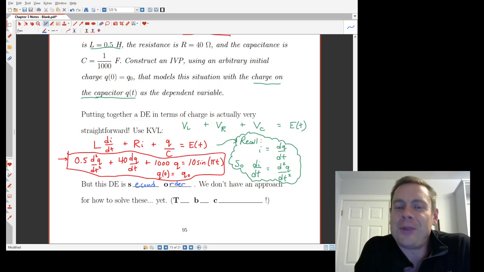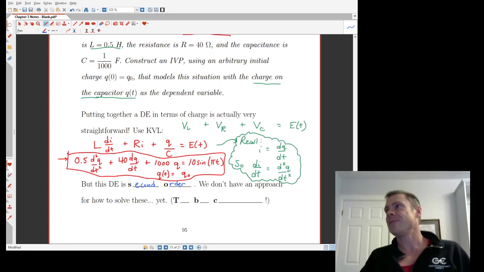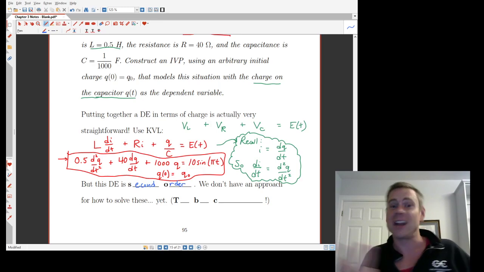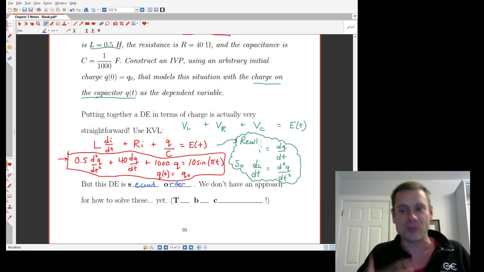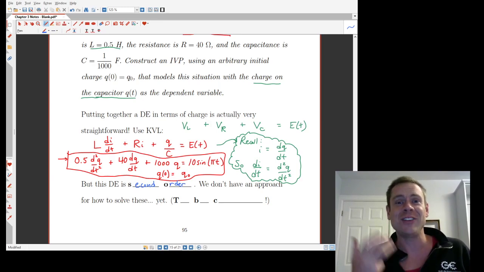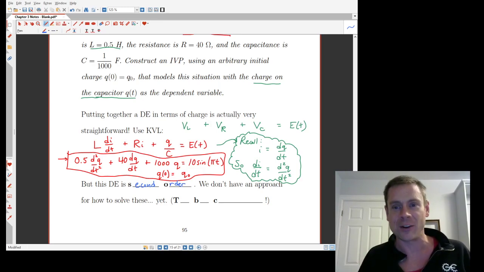I put this example in exactly to show you the necessity of finding solution methods for higher order differential equations. We can set up a circuit just fine using the tools I talked about in this video. However, we don't have the tools yet to actually solve second order equations.